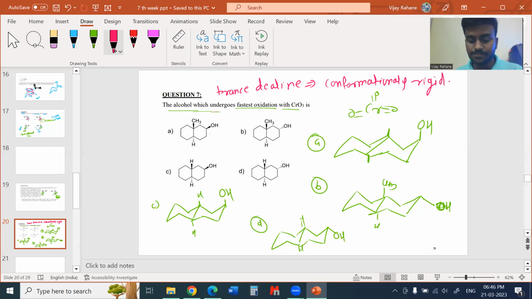So when the oxidation takes place in this system, see here methyl and hydrogen, there will be a repulsion. So in this one, if the oxidation takes place, this OH group gets converted into the carbonyl. Similarly here also in the other.